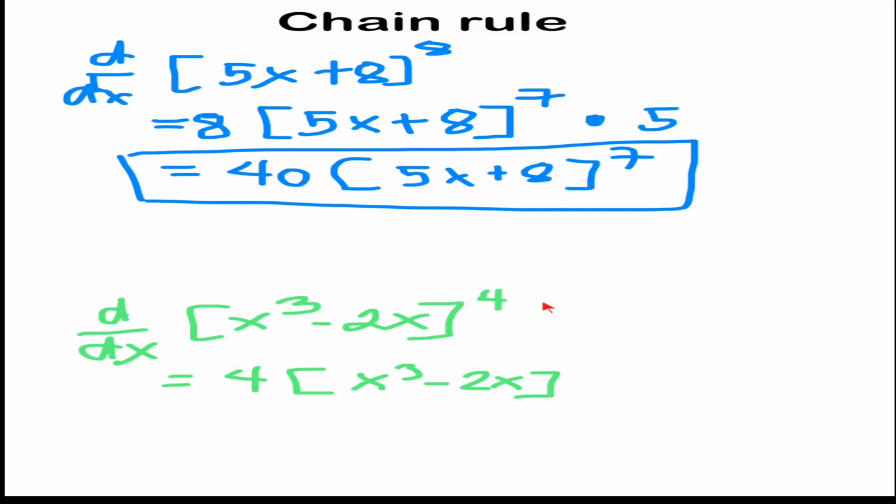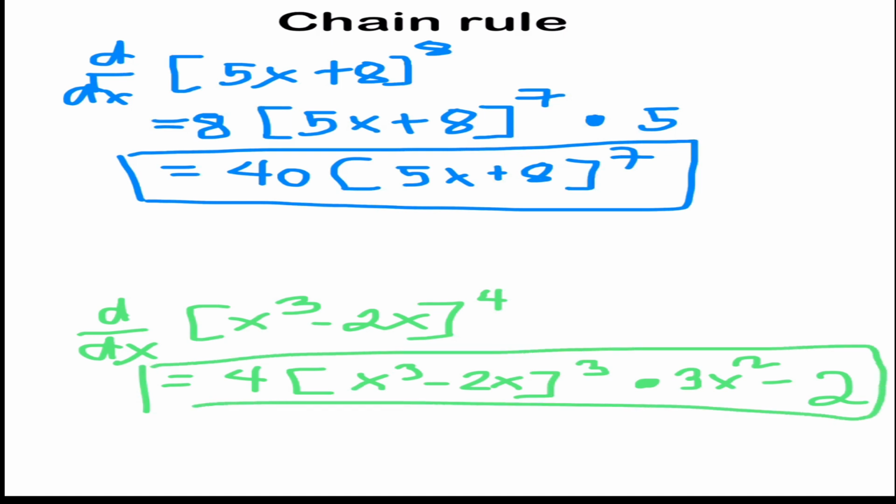So 4 minus 1 is 3, multiplied by the derivative of the inside. So what is the derivative of x cubed? It's 3x squared minus, what is the derivative of 2x? It's 2. So this now is the final answer.